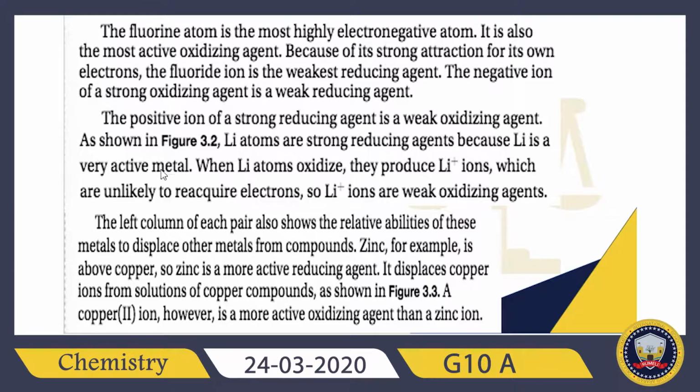Now, as shown in figure 3.2, we will see the figure, don't worry. Li atoms are strong reducing agents, because Li, lithium, is a very active metal. Why do we call it a reducing agent? Because lithium is a metal, so it tends to lose electrons.